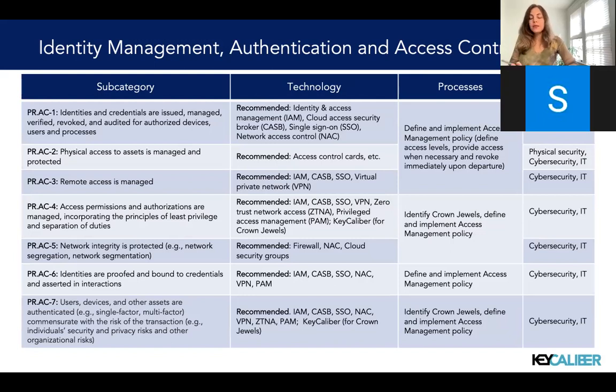We see time and time again that employees could have left a year ago or 3 years ago and they still have access. That's a big problem. So any program for access management needs to be able to close that loop, and close that loop efficiently. And then the folks involved in these first three are certainly cybersecurity and IT, and in the case of physical asset access, you have physical security involved as well.